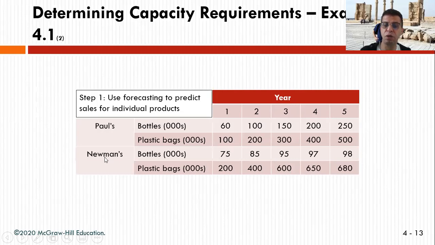For Newman's, we need 75,000 bottles to be produced, and we need 200,000 plastic. That's in the first year. So we already have the sales predictions coming from the sales department, and it's clear how much is demanded, and we already know how much our factory can produce.